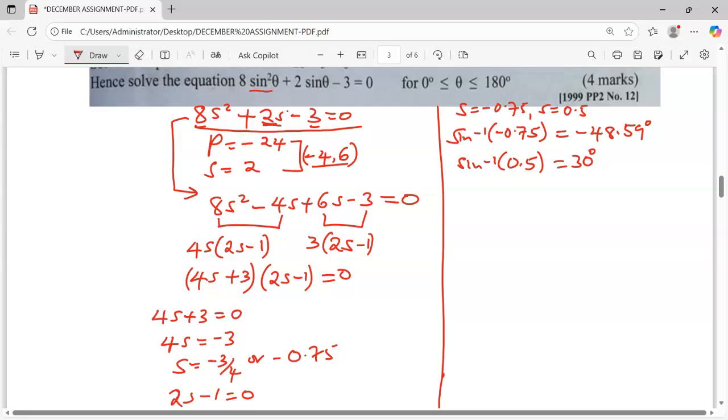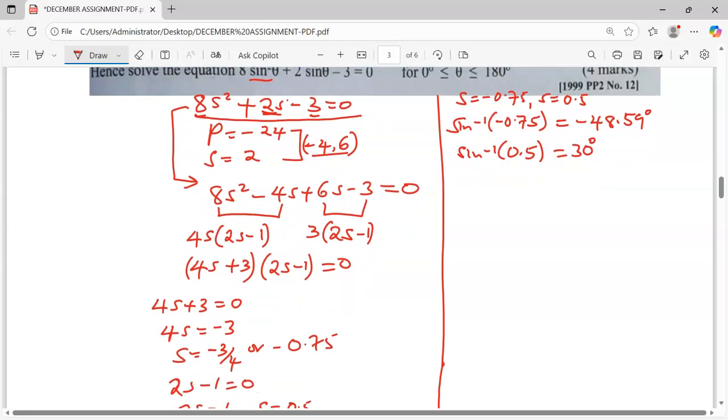We are going to draw the unit circle. I can also use a sketch diagram here, instead of drawing that circle. We are going to have 0. This is 90. This is 180. This is 270. And lastly, we have 360.